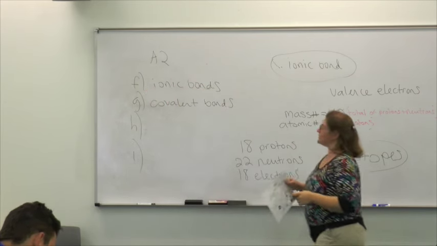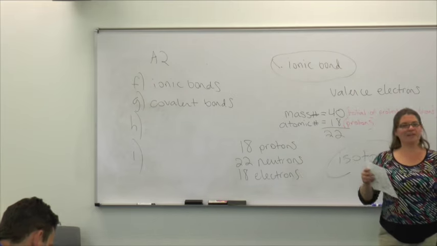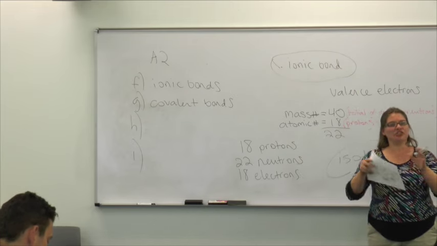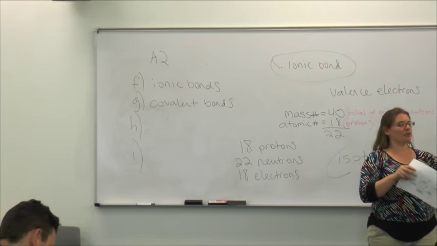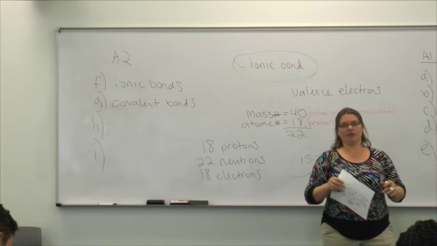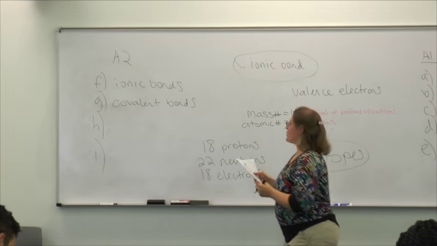Ionic bonds. Don't forget that difference: covalent is sharing electrons, ionic bonds are donating and receiving electrons.